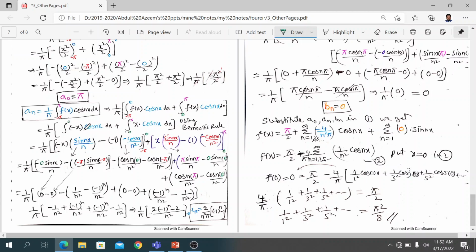Since both are products, we use Bernoulli's rule. First u = −x, its derivative is −1, and v = cos nx, whose integral is sin nx/n, and the next integral is −cos nx/n², with limits −π to 0.